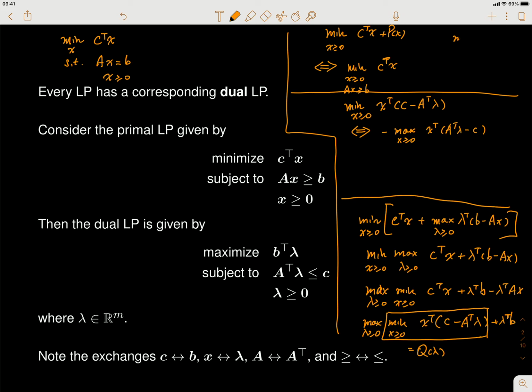That's minimizing, say, f of x for whatever x is in omega. It's the same as maximizing the negative of f, with a negative outside. You can easily show this. Well, that's what we applied here.